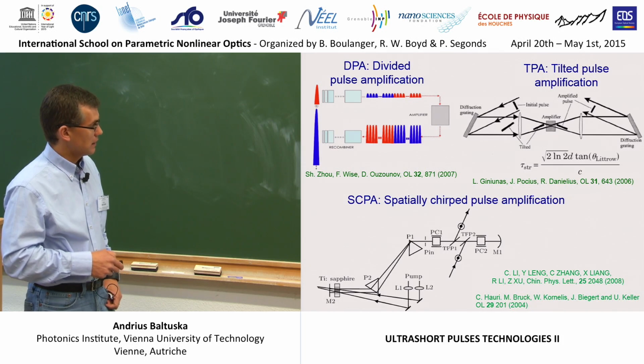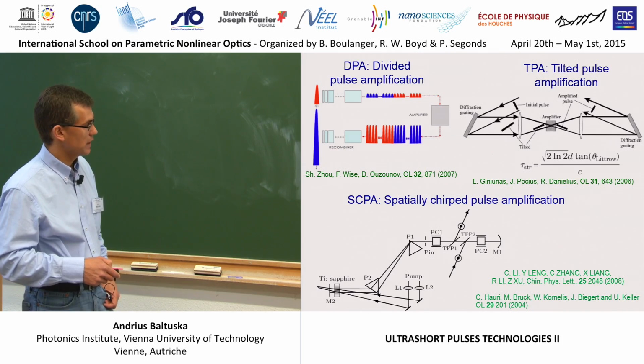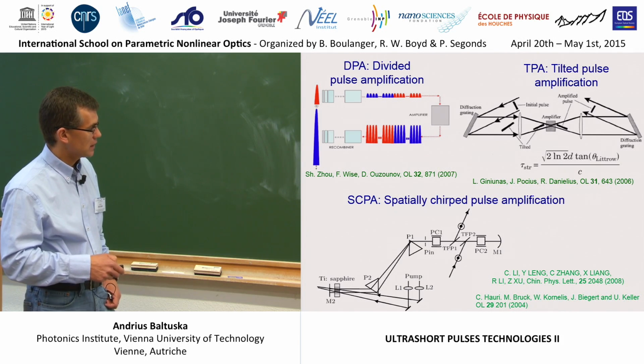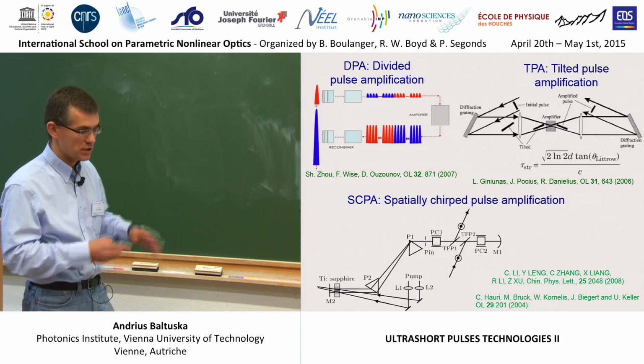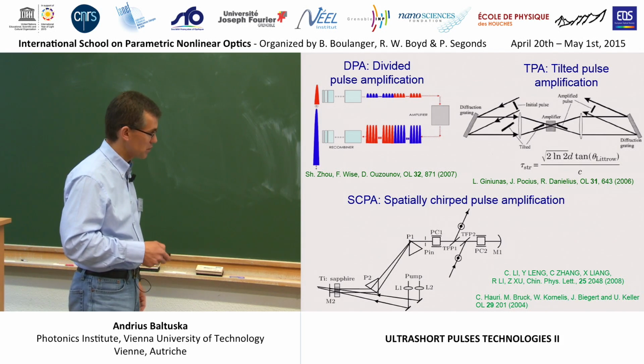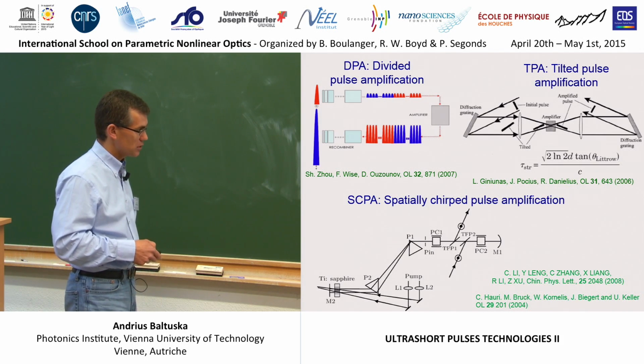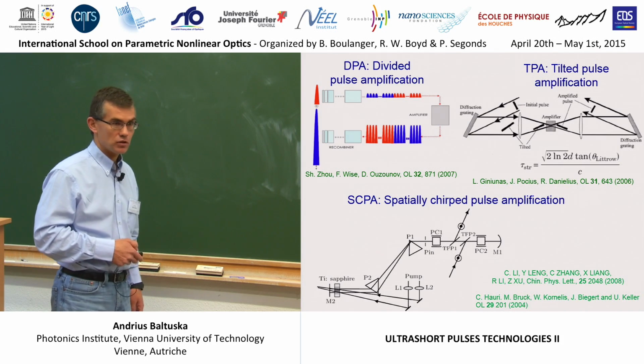And another idea is to use a spatially short pulse amplification, which is to have a spatial dispersion. So this is achieved here in a cavity by using two prisms. So the first prism creates angular dispersion. The second prism compensates the angular dispersion, but it leaves the spatial chirp.